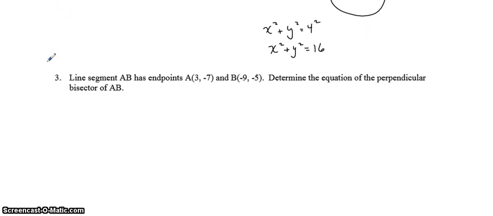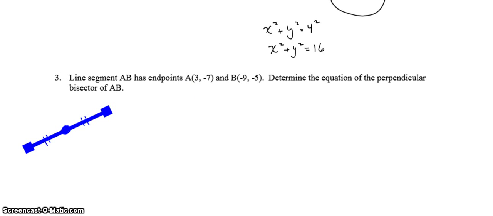Now, a perpendicular bisector. Let me just remind you what that is. If you have a line segment with endpoints, what you do is you find the middle point, which is the midpoint, and to indicate that's the midpoint, you put equal ticks on both of those sides.